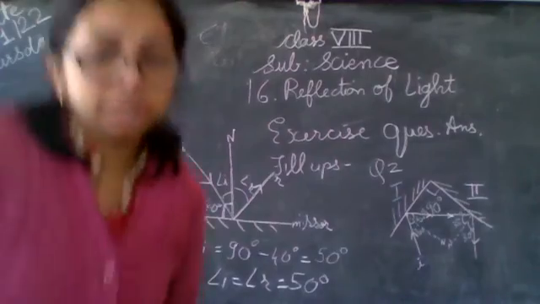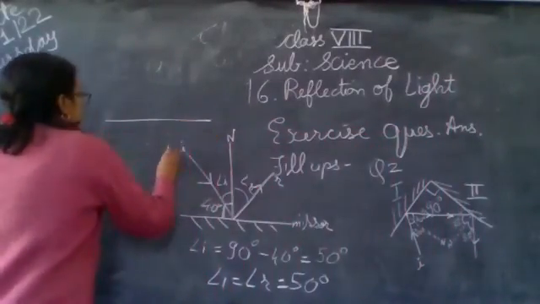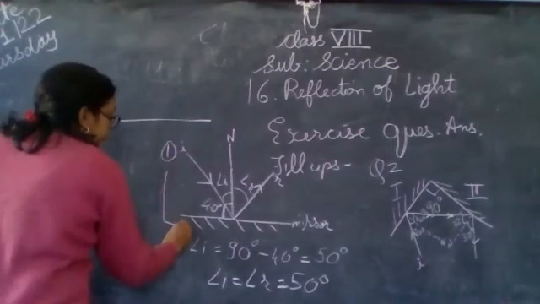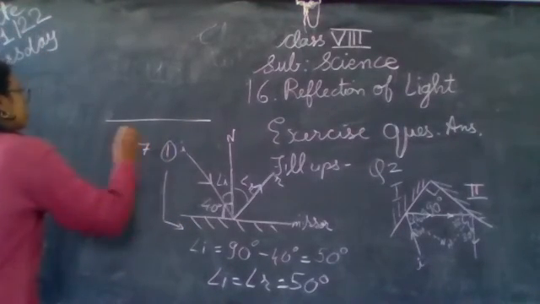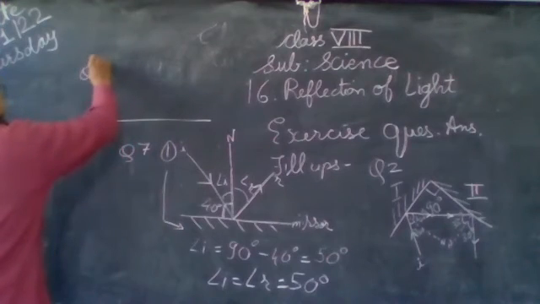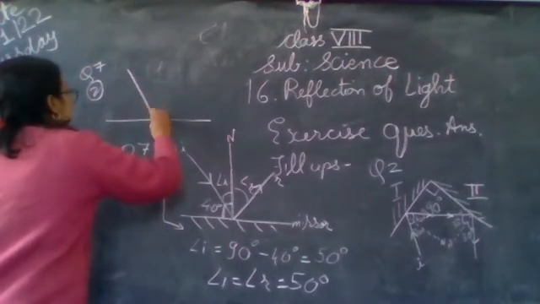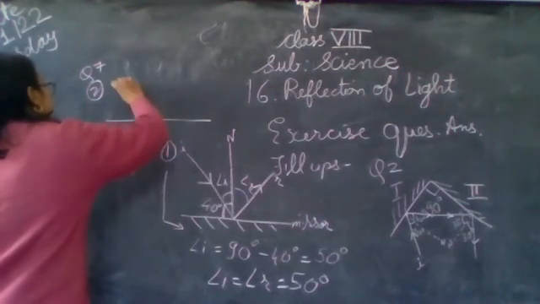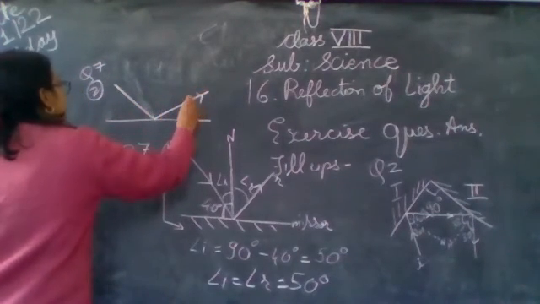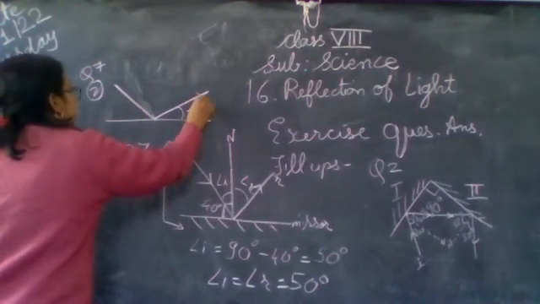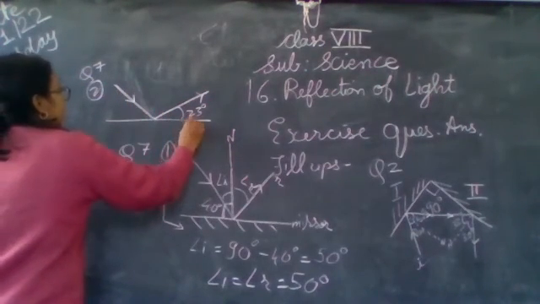Now you see, for question number 7, second problem, what they are telling is that the reflected ray is forming a 23 degree angle with the mirror.